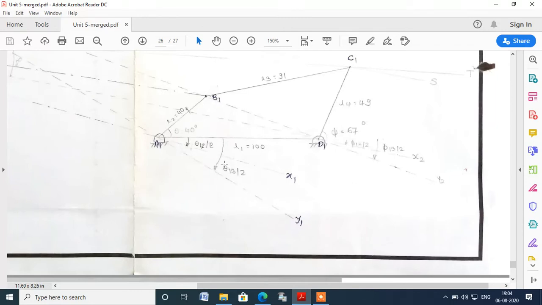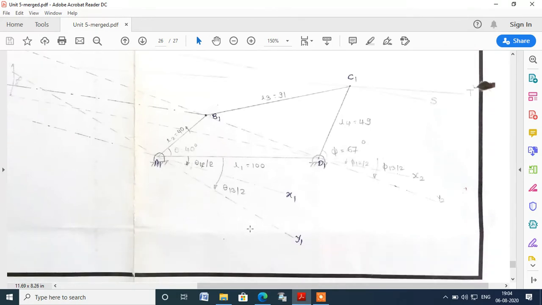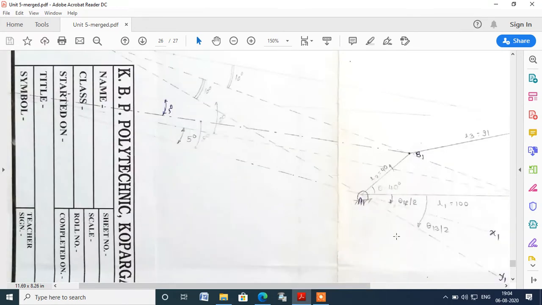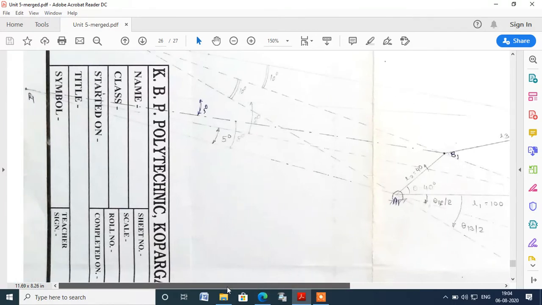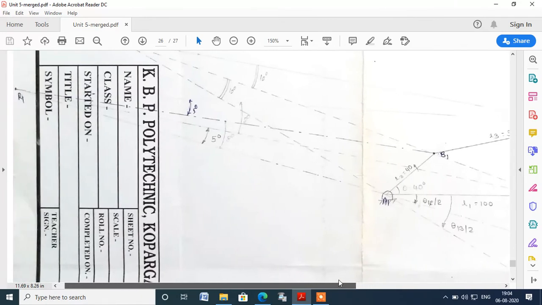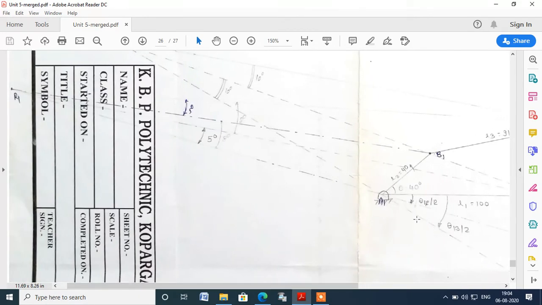Then next, from A1 you have to draw a line, let us say x1 r1, such that the angle from A1 D1 is theta 12 by 2.